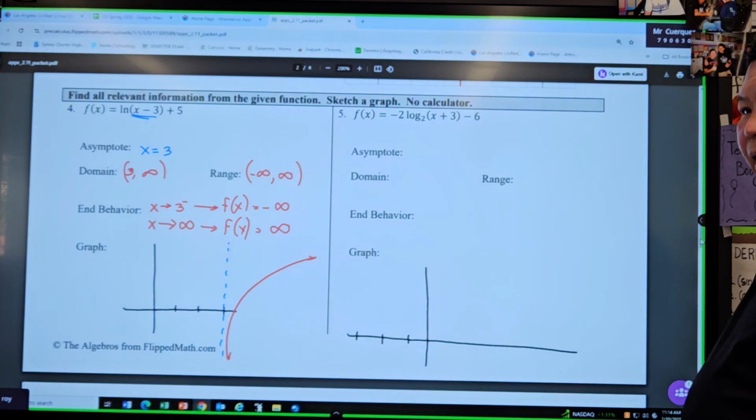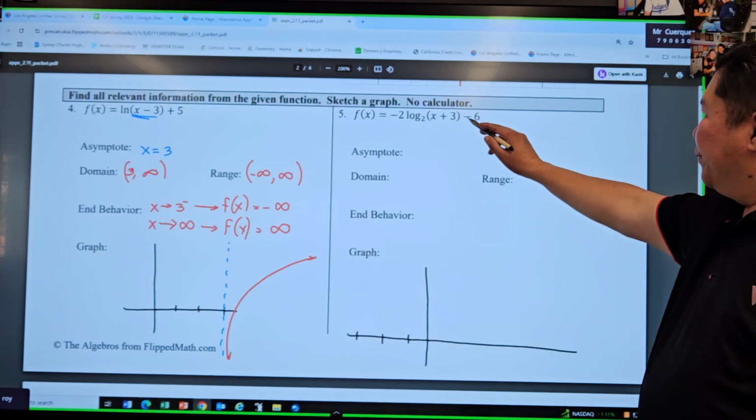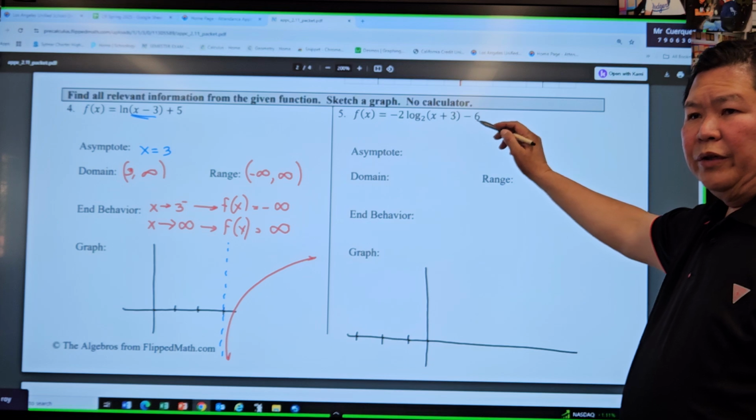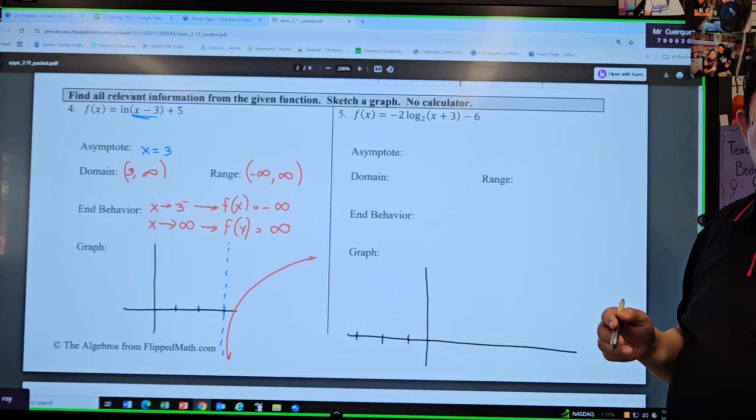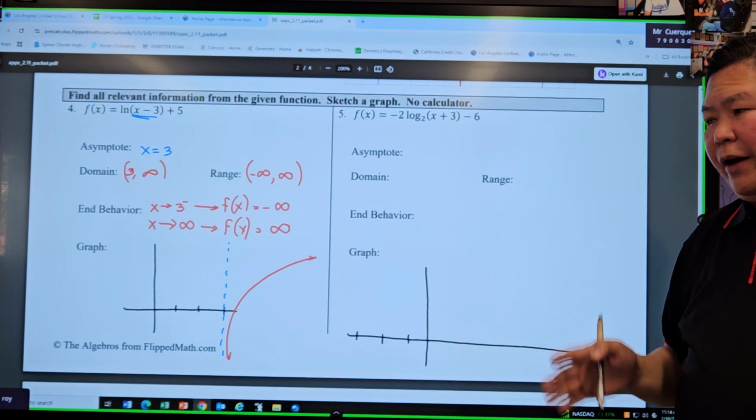Okay, let's sketch the graph first. X plus 3. Where does the vertical asymptote go? To the left. Very good.